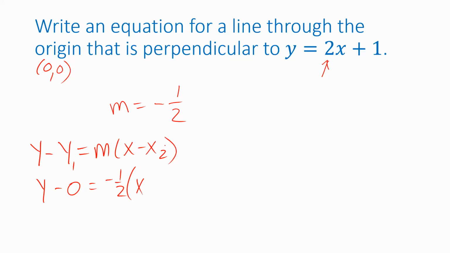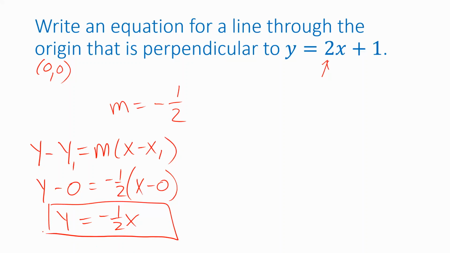This is supposed to be an x1, not an x2. x1 is 0. And when I simplify, I just get y equals negative 1/2 x. And that's an equation for a line through the origin. The slope is negative 1/2, which is the negative of the reciprocal of 2, which means these two lines will be perpendicular.